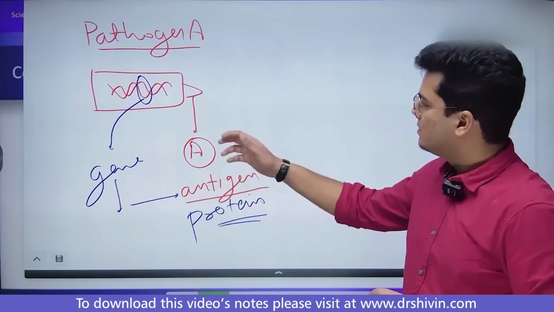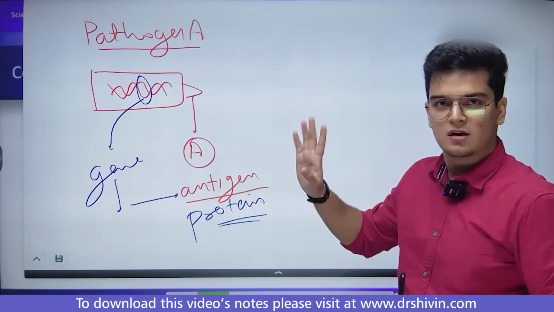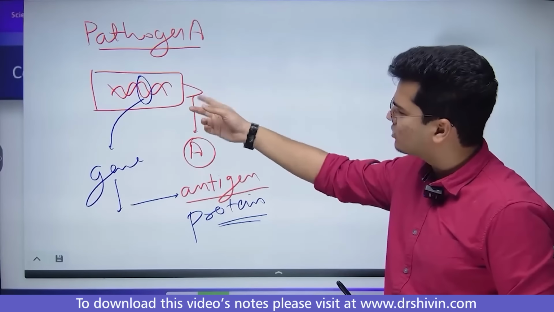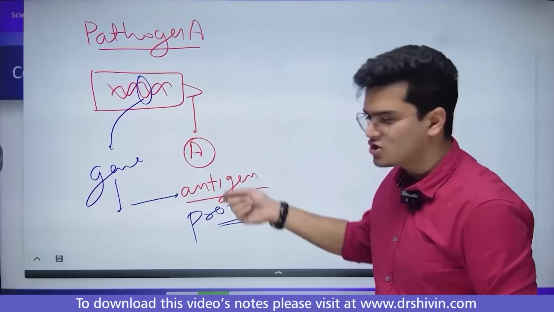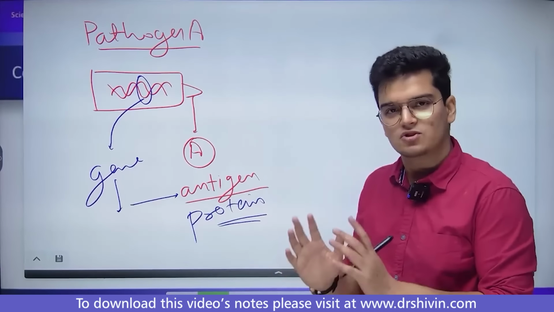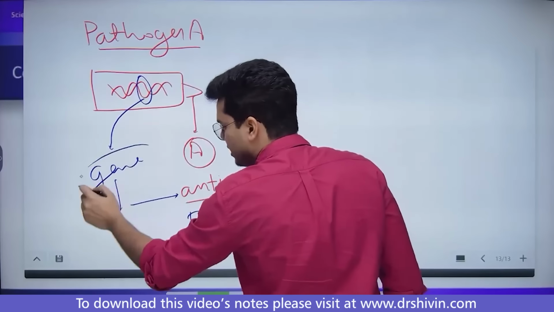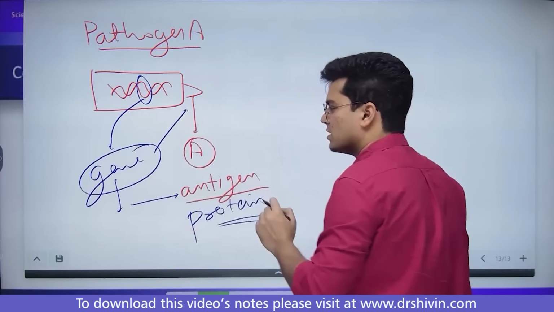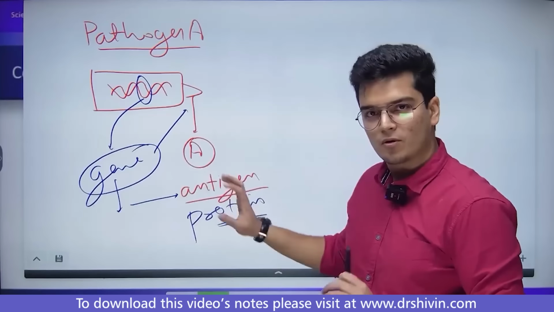Now I want to deliver only this antigen, but I found that in this pathogen it was not possible to do the purification and get the antigen out. The technology was not available. Then I found that this pathogen has a gene that is coding for this protein, because genes are those parts of DNA that code for proteins.